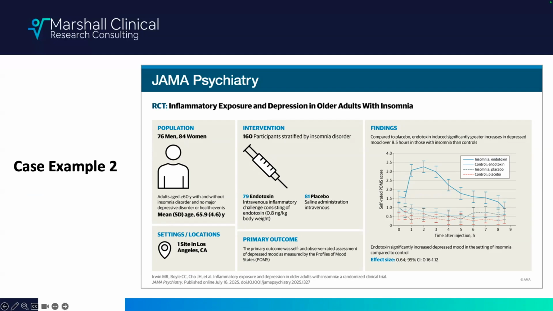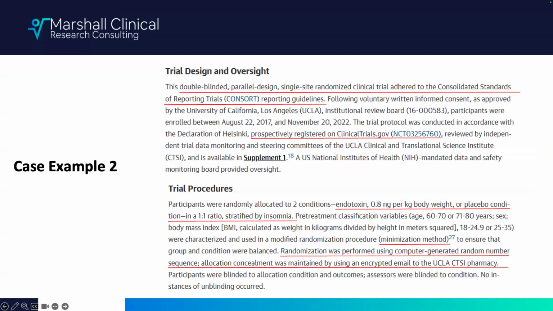So what I'm going to do is show a few screenshots of the paper and go through some of the things I thought were principal for the study, and then we can go over whether this would be low risk, medium risk, or high risk based on this information. Perfect.